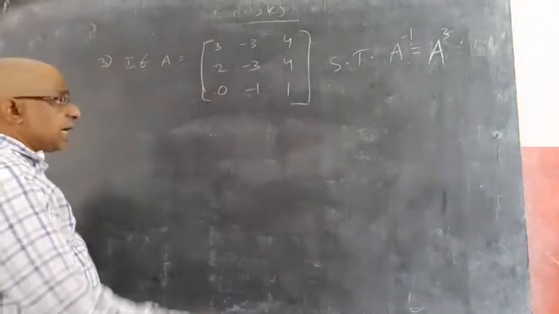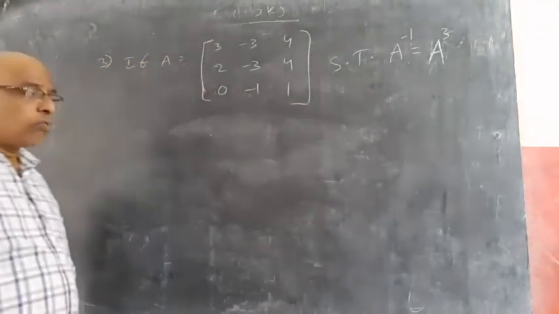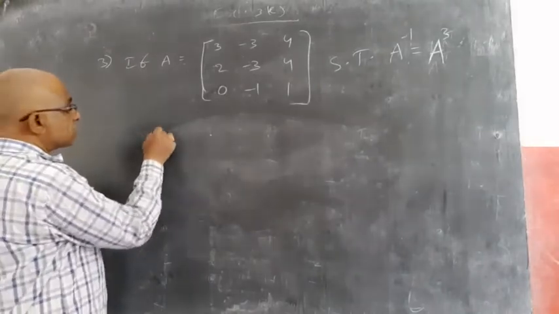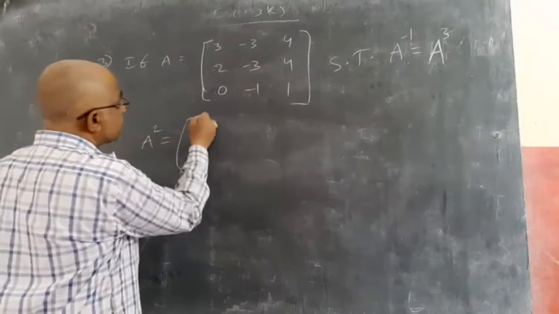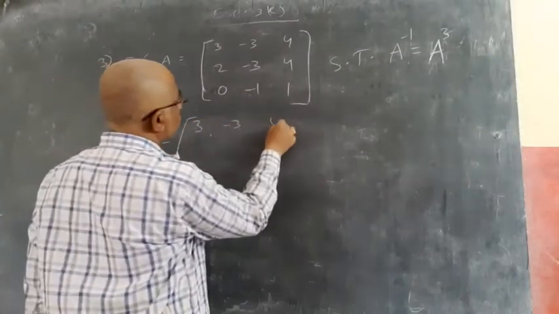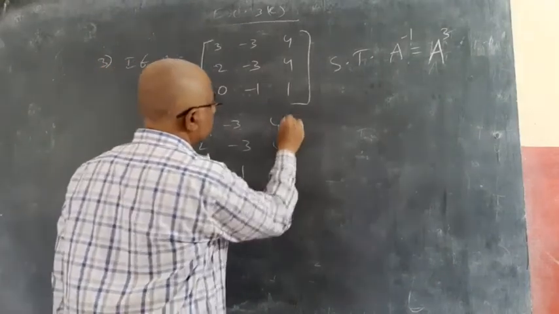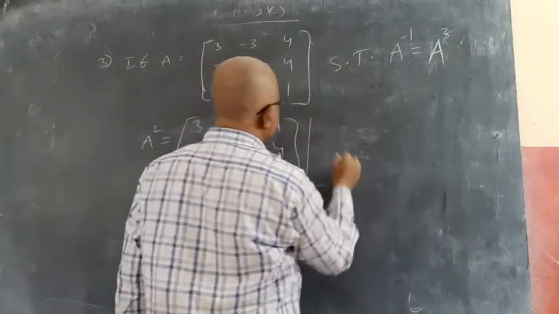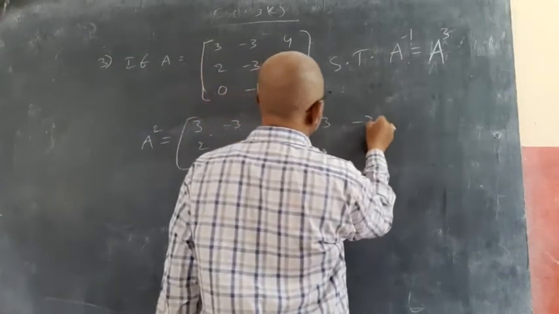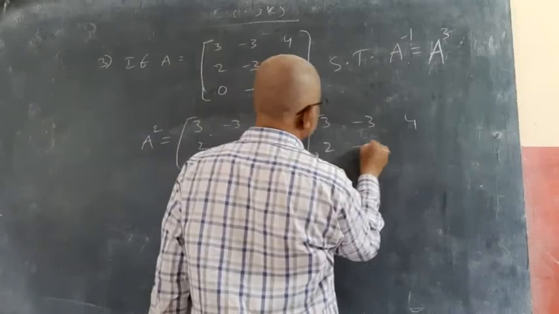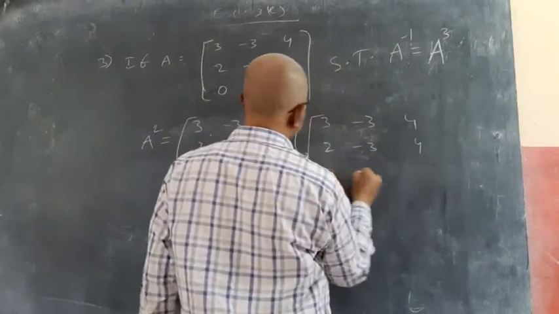For that, I will find A power 4. First I will find A square. I know how to find A square easily: [3 minus 3 4; 2 minus 3 4; 0 minus 1 1] into the same matrix.